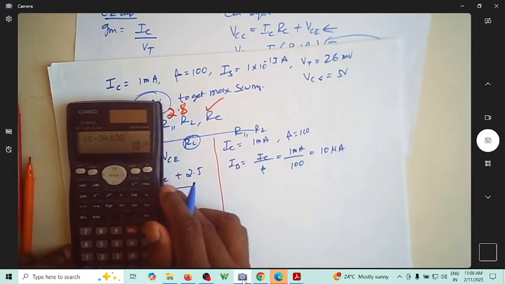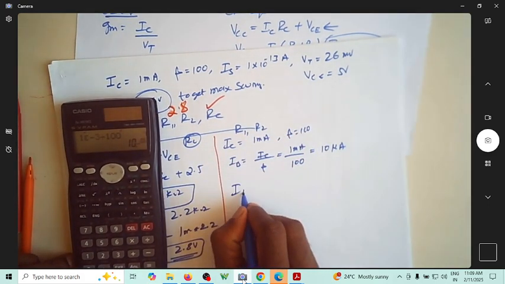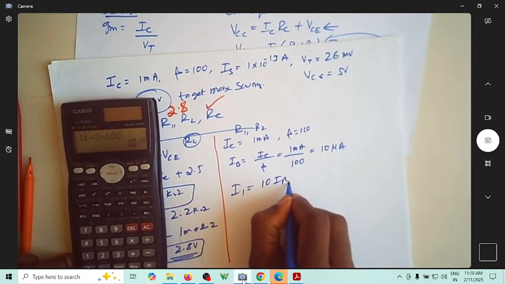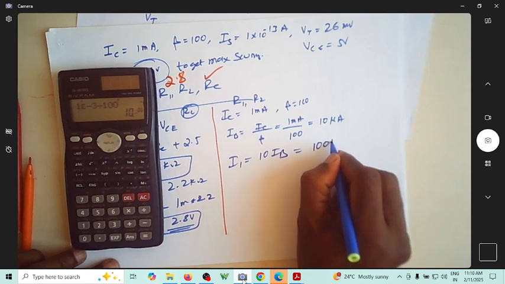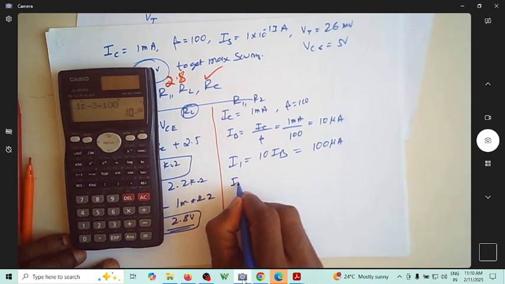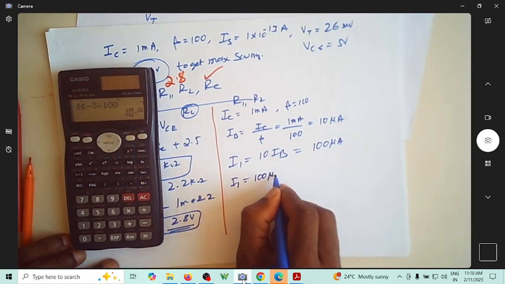This is IB. So you have I1 equal to 10 times IB, which is equal to 100 microampere.